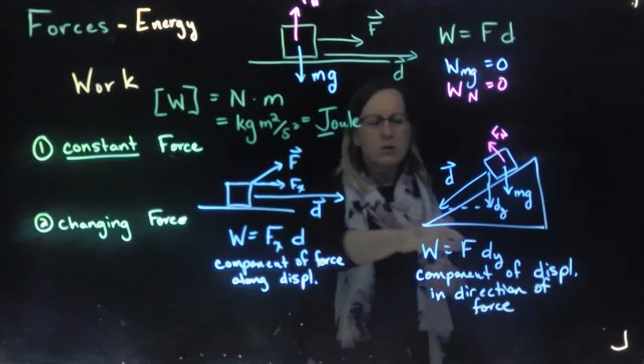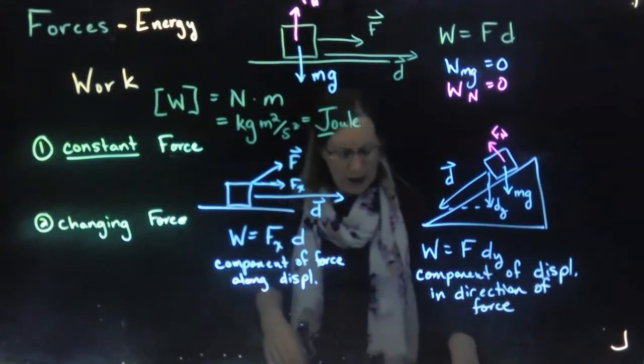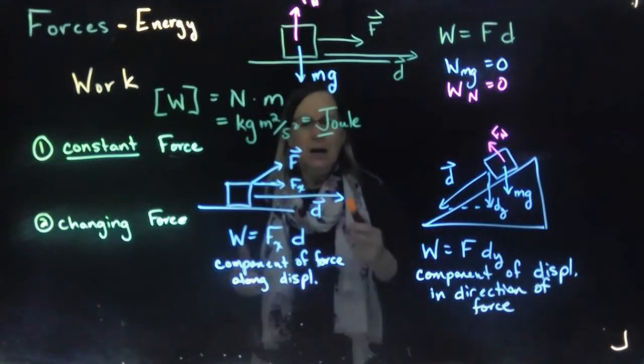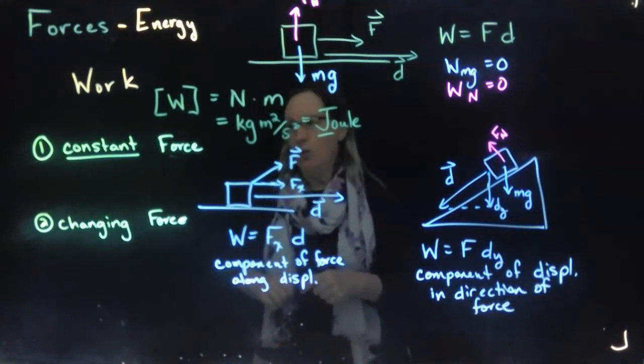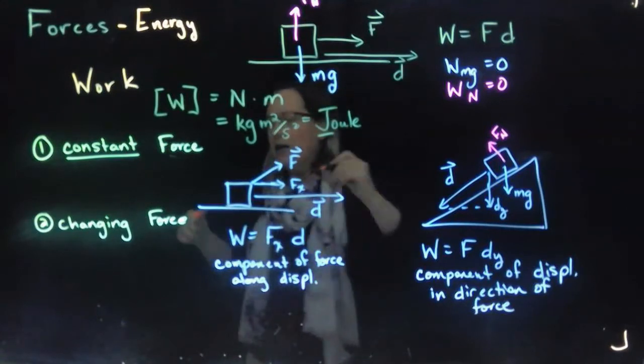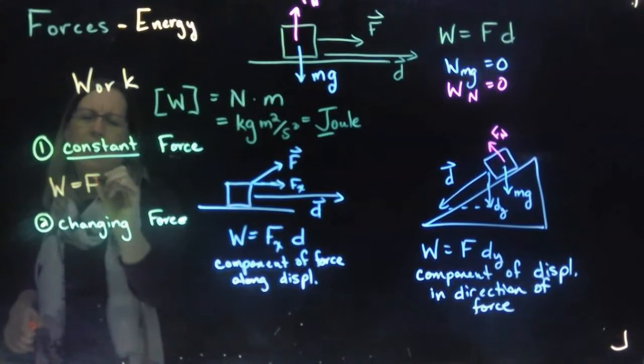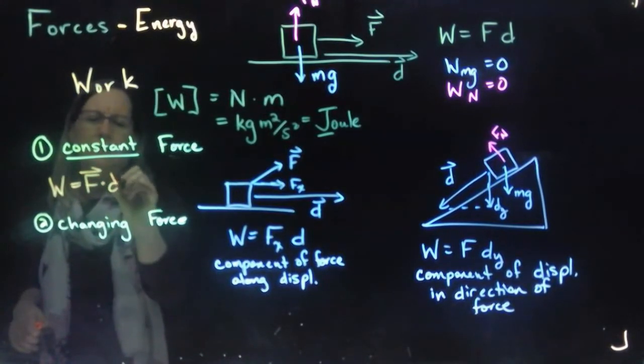And what this is really describing is taking these two vectors and multiplying them in a special way, a way you already know about. It's saying our work is equal to F dot the displacement.